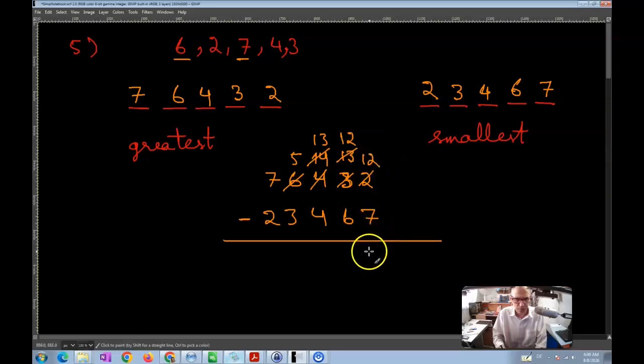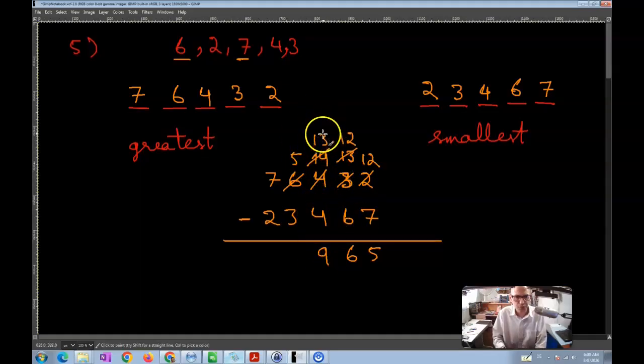So 12 minus 7 is equal to 5. 12 minus 6 is equal to 6. 13 minus 7 is equal to, no, that's a 9. Now my mind is a little bit tired, so I cannot do arithmetic properly.